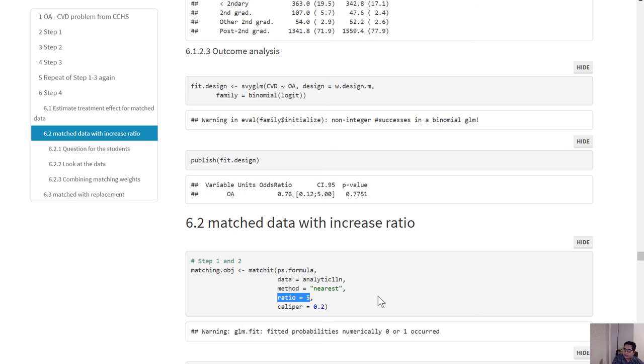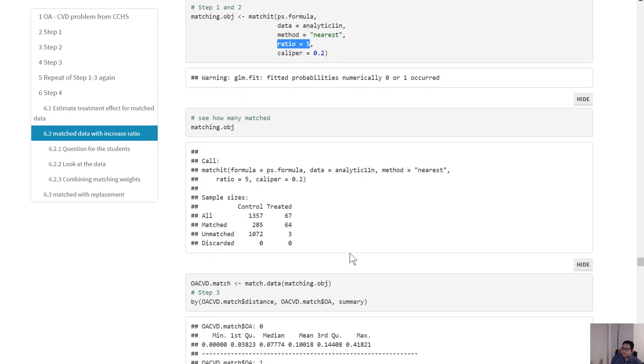So for each treated subject, I want to get 5 control subjects because I have many control subjects in my dataset. That is something I can do. So you can see now I am getting more and more subjects. I still am losing a lot of patients, but from before, when I'm using a 1 to 5 ratio, I'm getting more and more subjects.